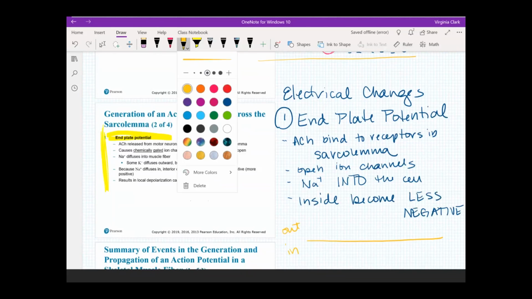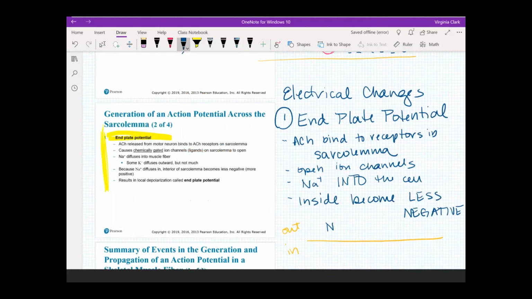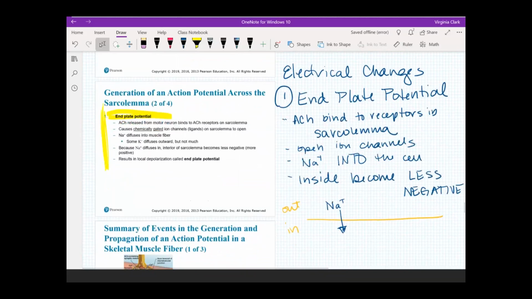We are talking about sodium going into the cell. That means that we are adding positives, so you are going to be less negative. So if this was negative 65, essentially this is now going to become negative 60. We're going to add positives, but the numbers are just an example.